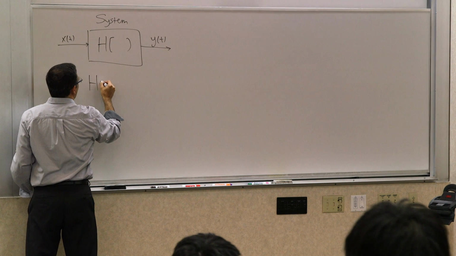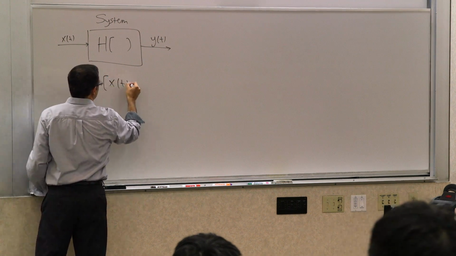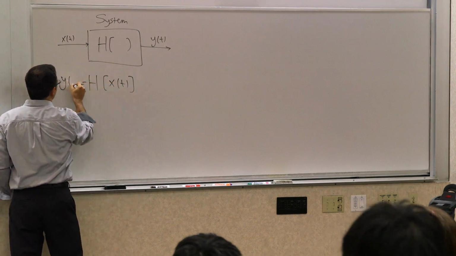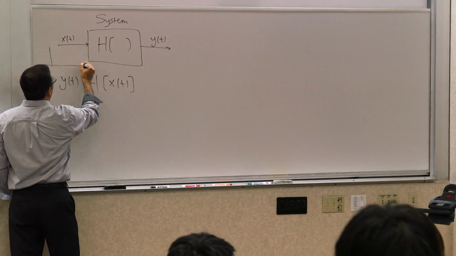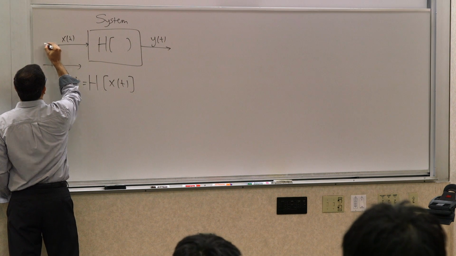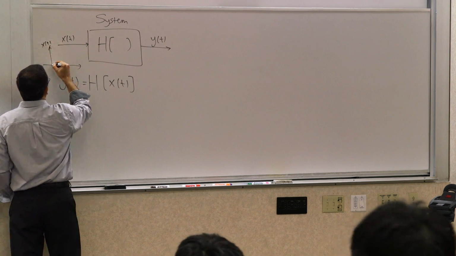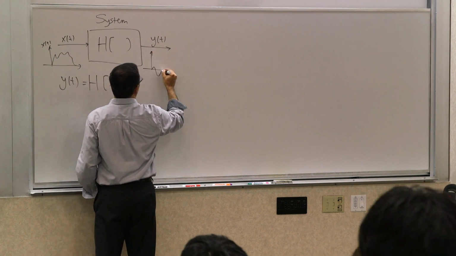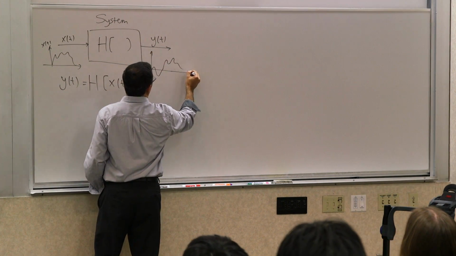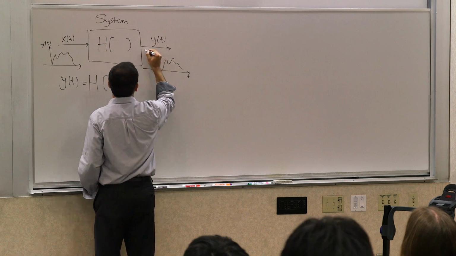So what it really does, you can show it also this way. It produces y of t. Right? So what do I mean in a practical sense? For example, if x of t is something, then y of t is something else. This is a very simplistic one.